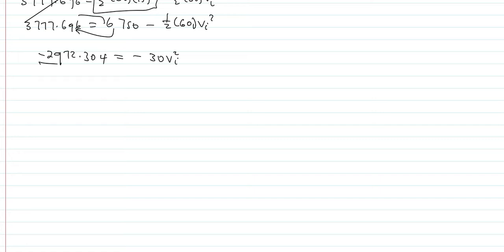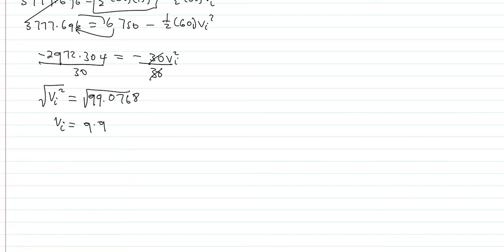Now we divide both sides by 30. We get that v initial squared is equal to 99.0768. Now you take the square root of both sides. You're going to get 9.95 meters per second.